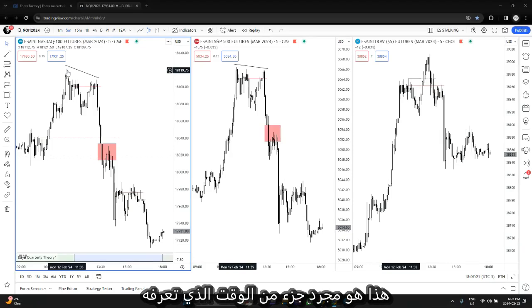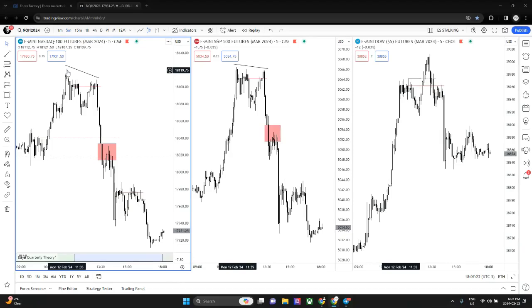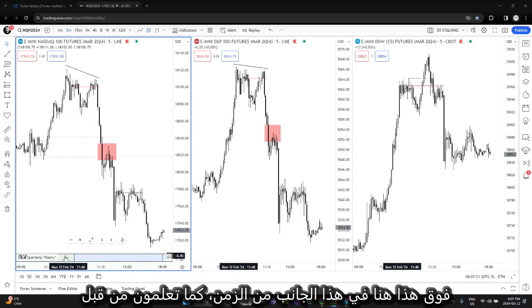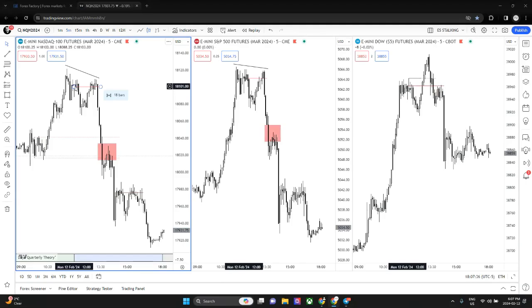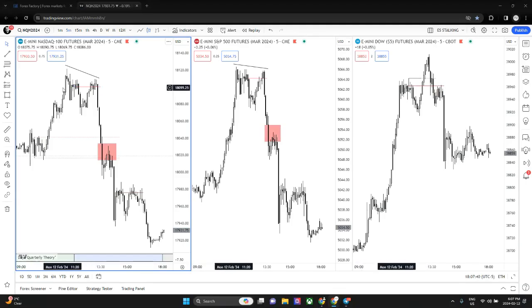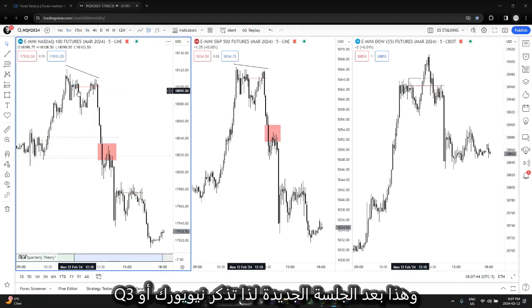This is just the piece of time that you apply to other setups to make them stronger. So you can see that over this side of time, before 12 p.m., this is the New York session, right? And this is the afternoon session.